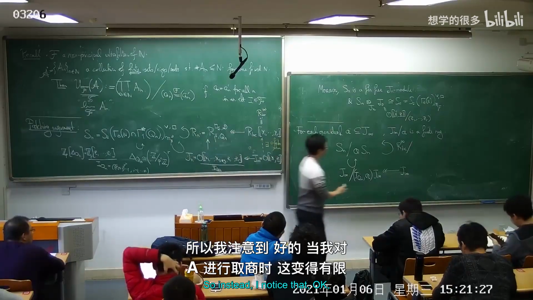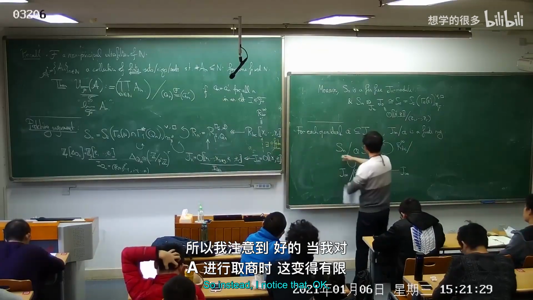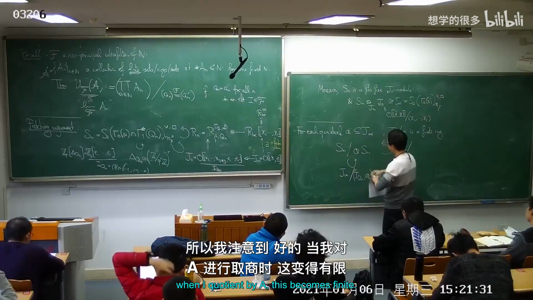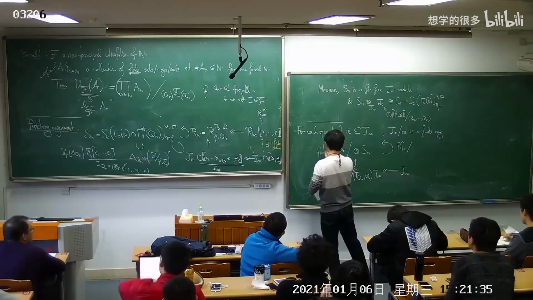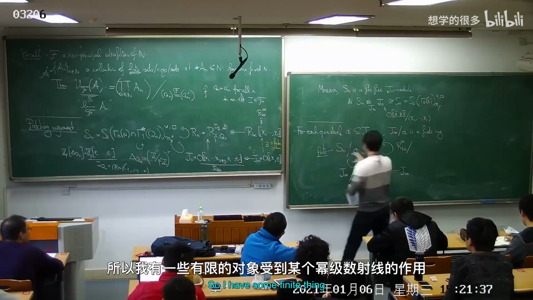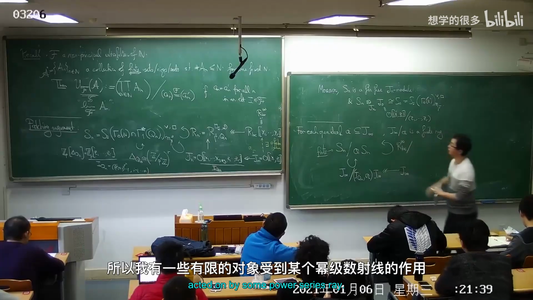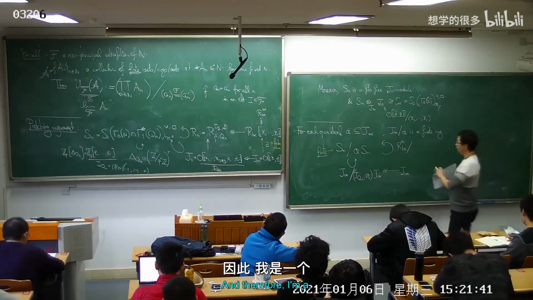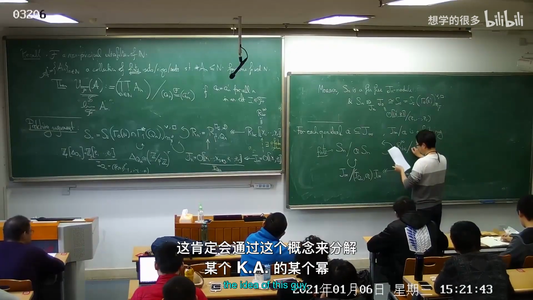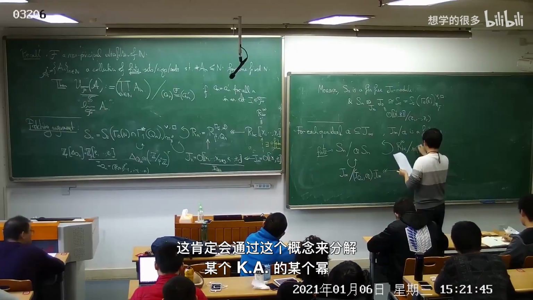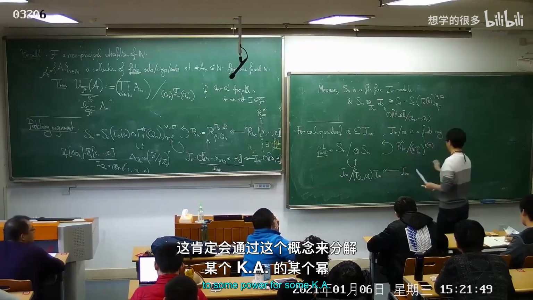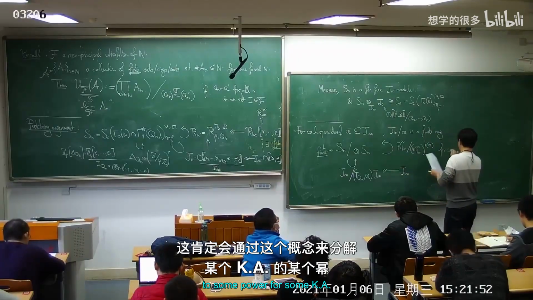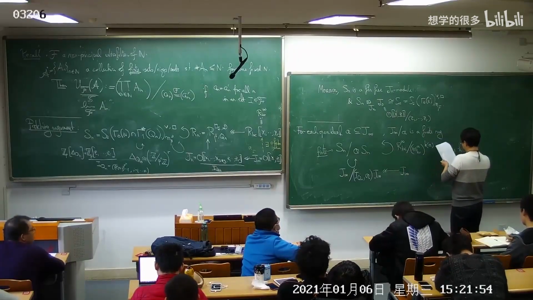So instead, I notice that when I quotient by A, this guy is now finite. So I have some finite thing acted on by some sort of power series ring. And therefore, this will definitely factor through my ideal of this guy to some power Ka.